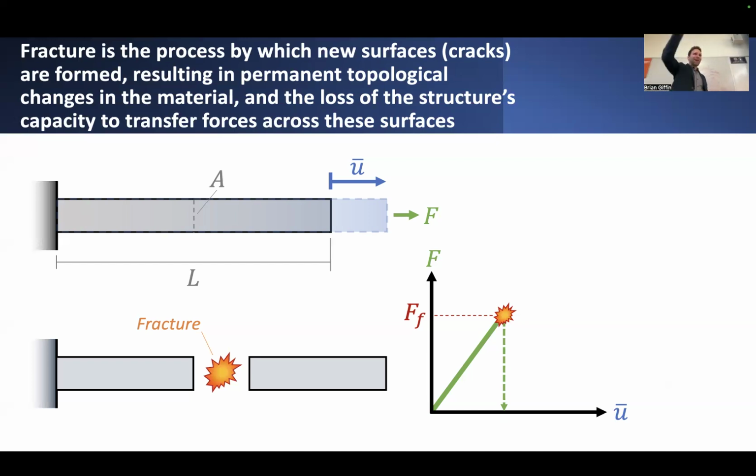That continues until, at a critical point where I stretch this bar out to this critical value, all of a sudden, bam, the test ends because the material breaks apart. Some fracture or crack forms interior to the specimen.